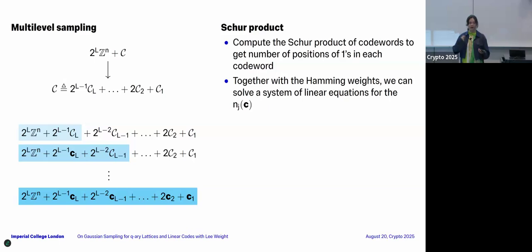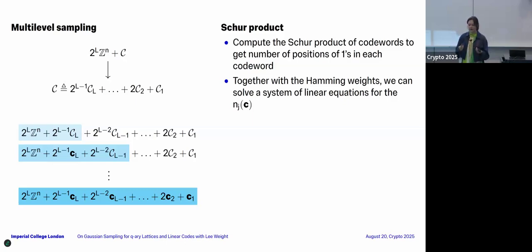Another trick that we use often in the paper is trying to break things into smaller steps to do things more easily. So when Q is a power of 2, there are some conditions under which we may find a binary decomposition of a code over a big ring Z_{2^L}.